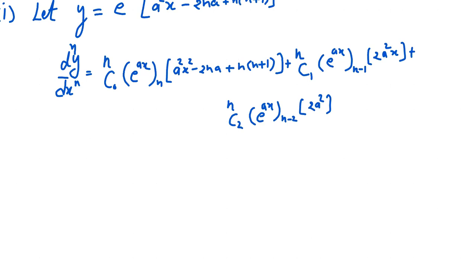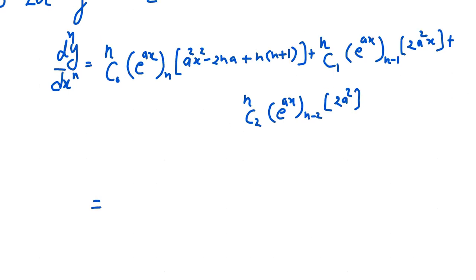So here we have nC0 is always 1, nC1 is n, and nC2 is n into n minus 1 by 2.